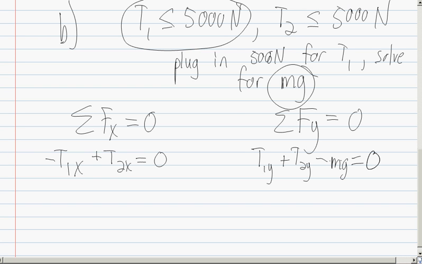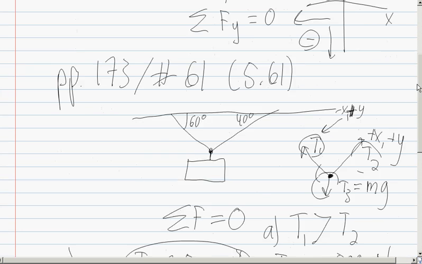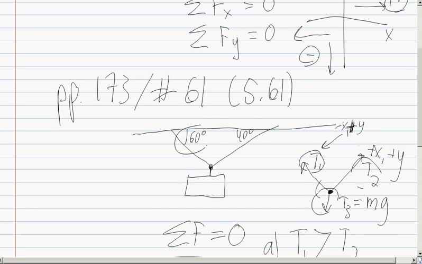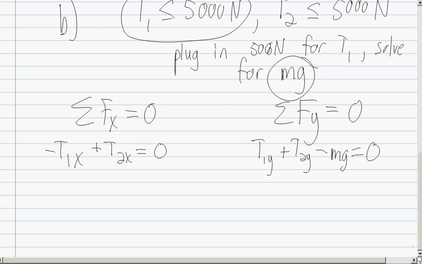So now we've got to use our angles. Because our angles are to the horizontal, we can just say cosine is x and sine is y like we did with projectiles. However, it doesn't matter how you do it. So this is going to be minus T1 cosine of 60 degrees plus T2 cosine of 40 degrees equals 0.